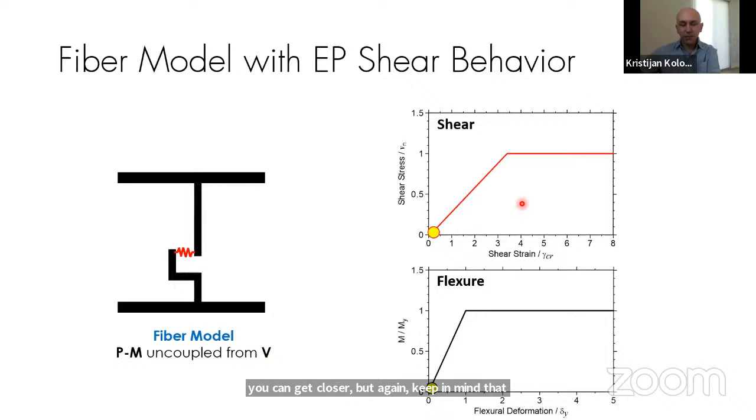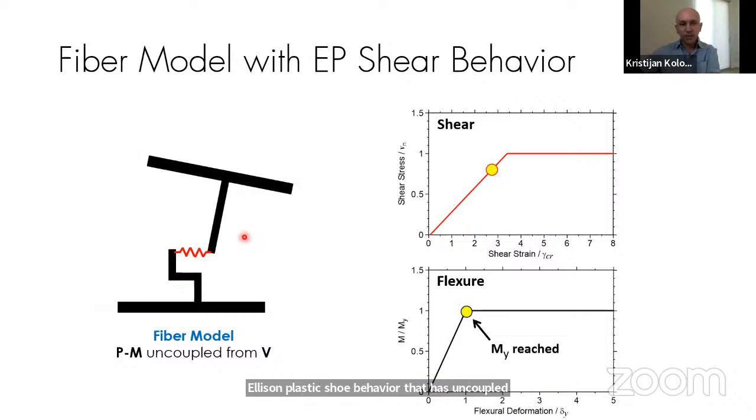And what that really means, we can see here in this conceptual figure. This really stands for every fiber model with elastoplastic shear behavior that has uncoupled flexure and shear responses. At the beginning, both of these shear and flexure deformations happen together and they evolve together as we push the wall laterally.